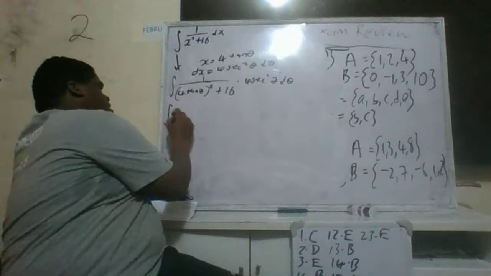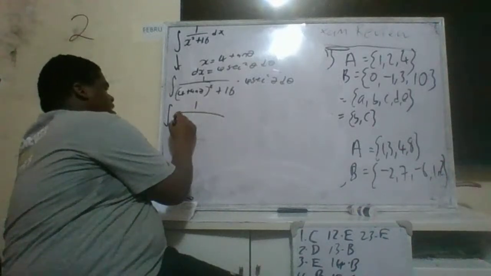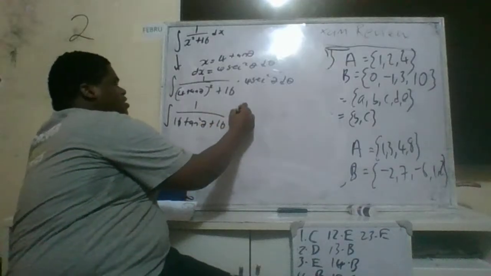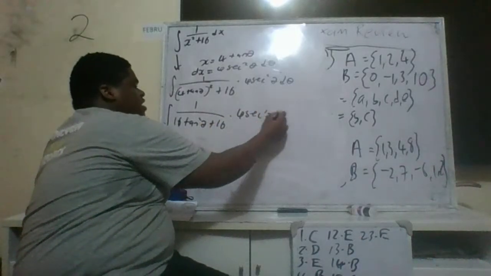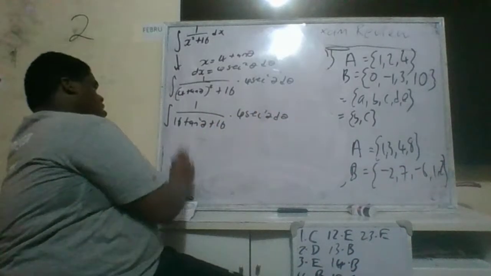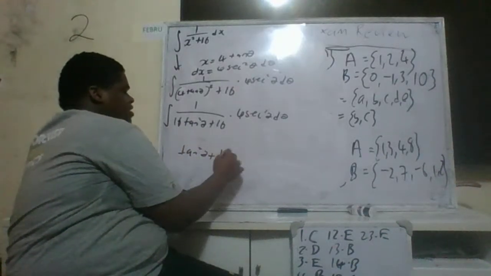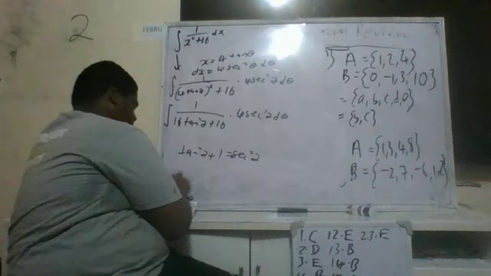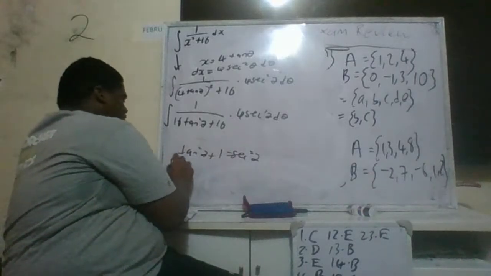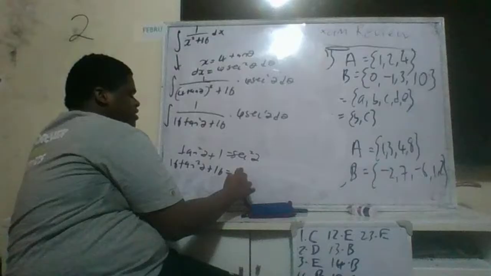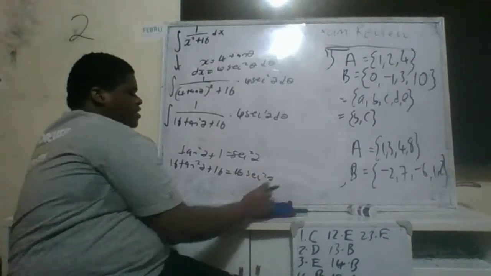So this becomes the integral of 1 divided by 16 tan squared theta plus 16, times 4 sec squared theta d theta. Tan squared theta plus 1 is equal to sec squared theta, as I've shown multiple times. That means 16 tan squared theta plus 16 is going to equal 16 sec squared theta.